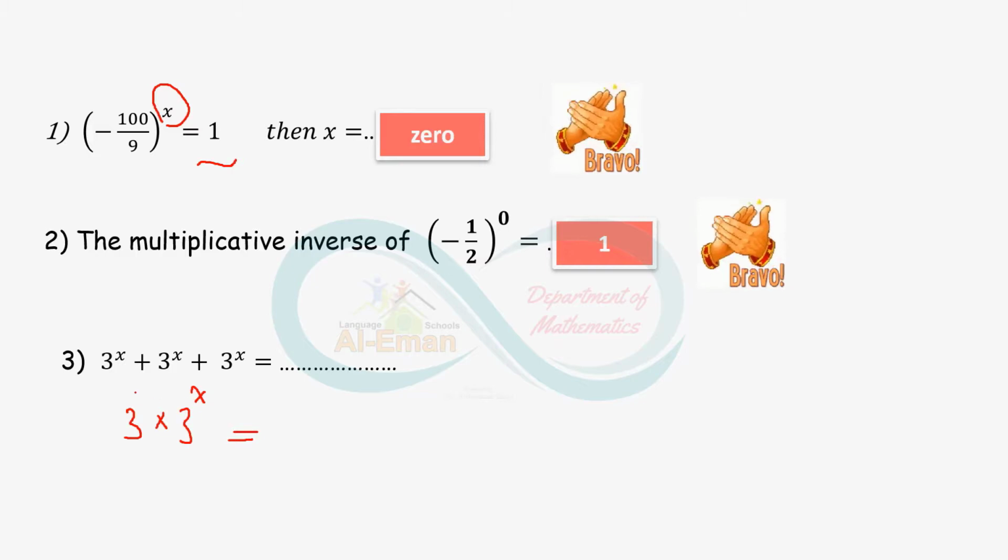In 3 times 3 to the power x, the index of the first 3 is 1, so our answer will be 3 to the power 1 plus x.